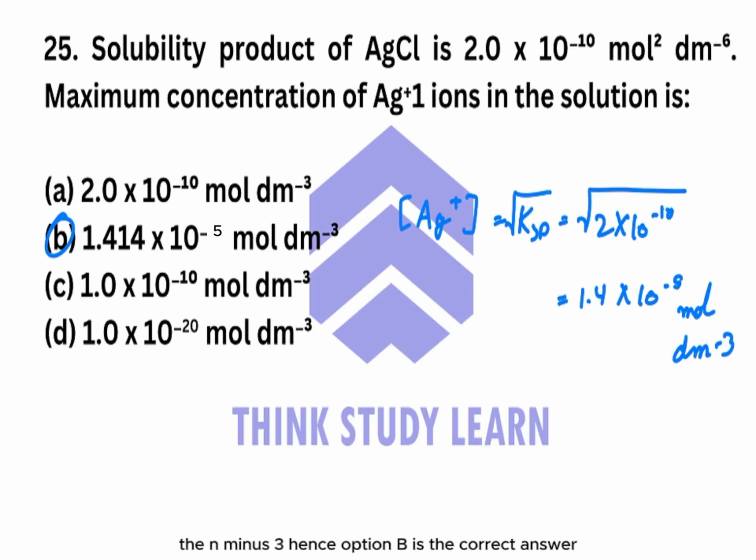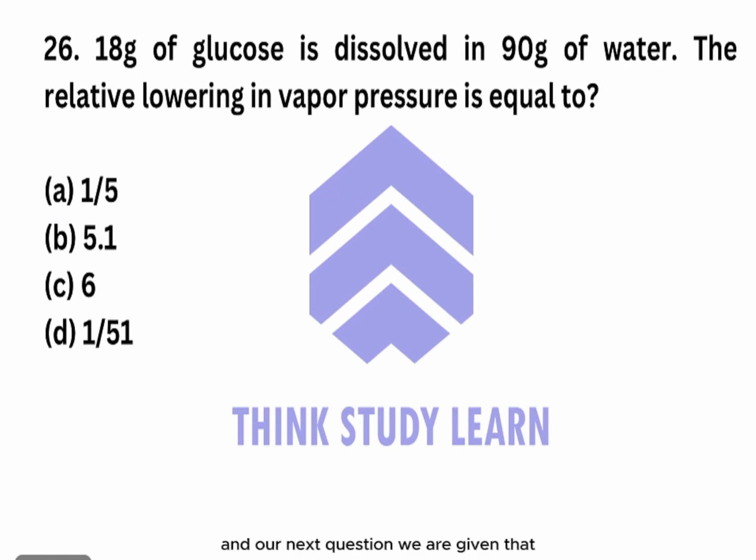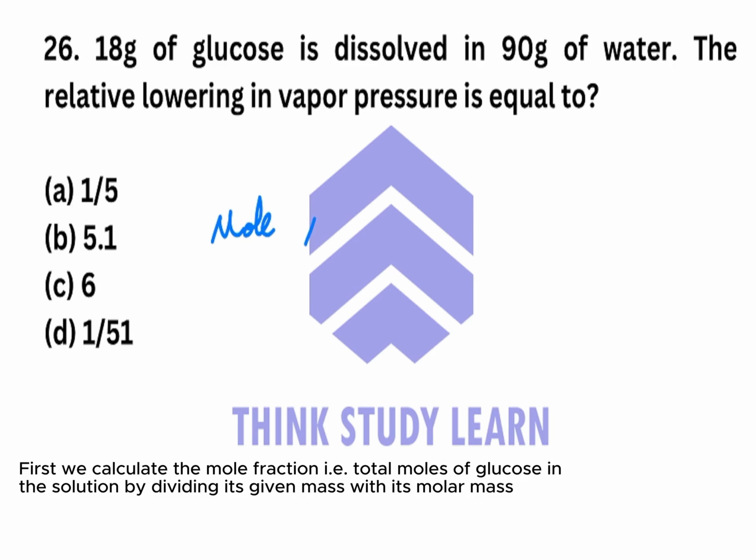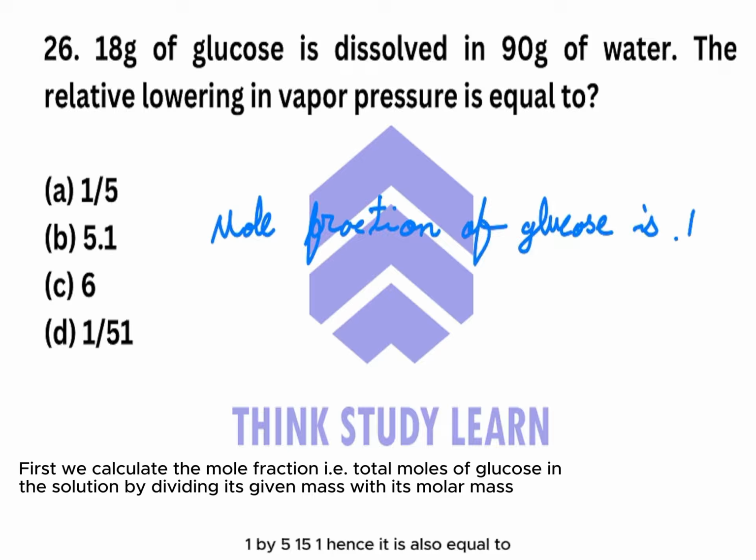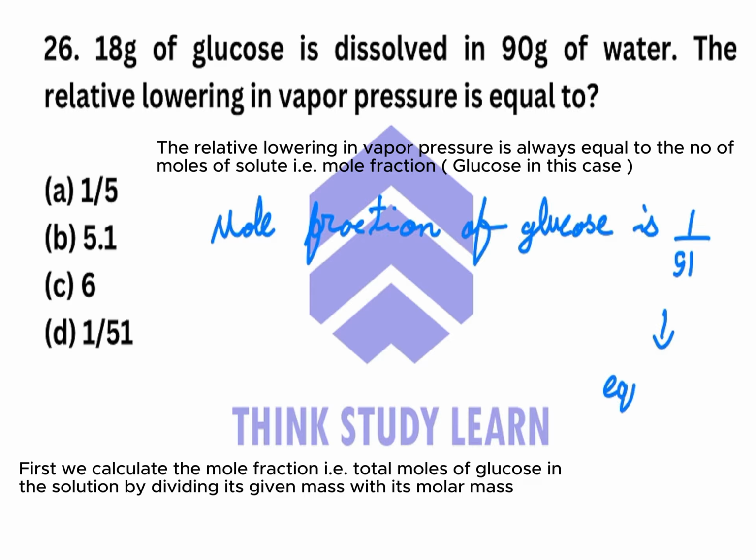Hence, option B is the correct answer. In our next question, we are given that 18 grams of glucose is dissolved in 90 grams of water. The relative lowering in vapor pressure is equal to what? The mole fraction of glucose is 1 by 51. Hence, it is also equal to relative lowering.